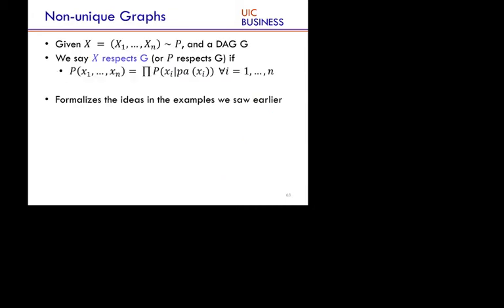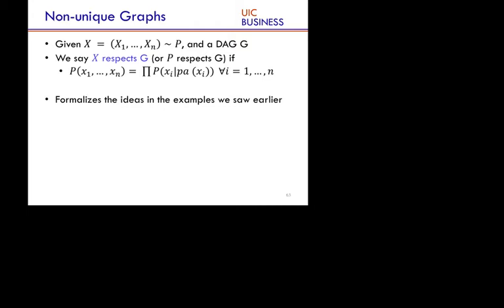Then we get to this point where, given a bunch of random variables and a graph, we tie them together in this notion called "the set of random variables respects a graph."